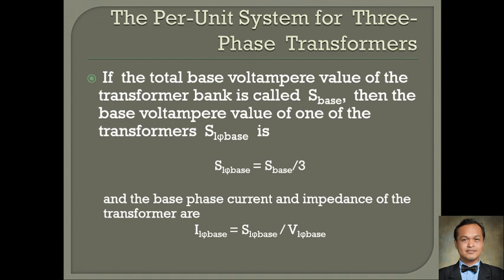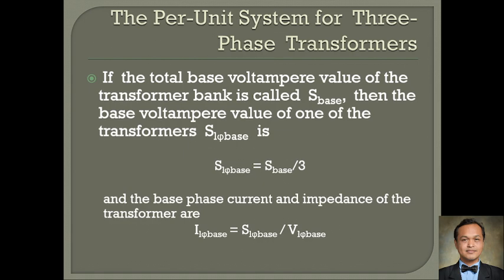So if we're dealing with a three-phase system, we intend to use the per unit system. This is to eliminate the confusion on the values in power systems, especially in a distribution transformer, wherein we have a very high primary and a small secondary.